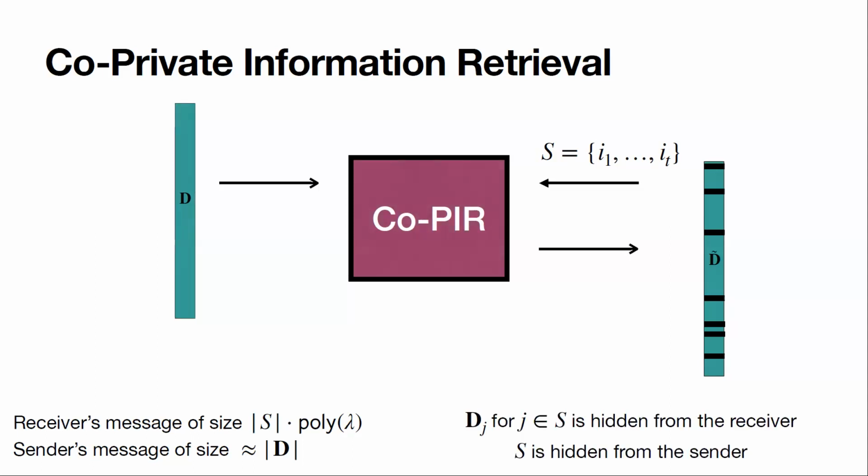And in terms of security, we want the erased positions of the receiver to be hidden from the receiver. In the statistical variant, we want these positions to be statistically hidden. And we want the receiver's input to be hidden from the sender.